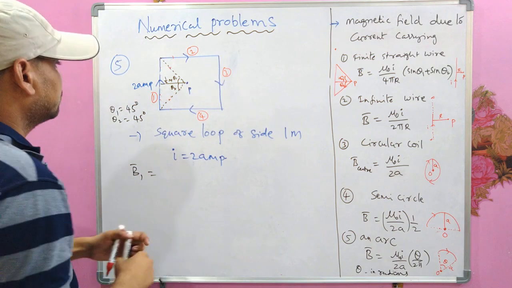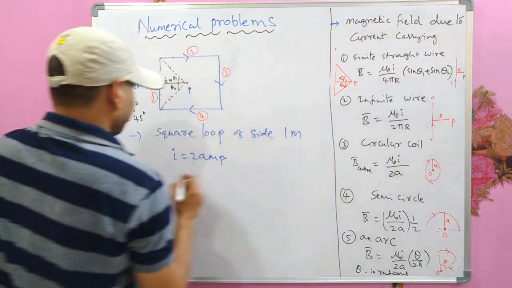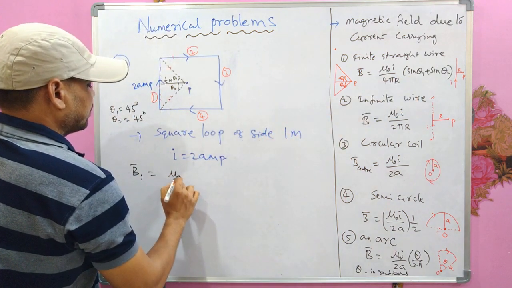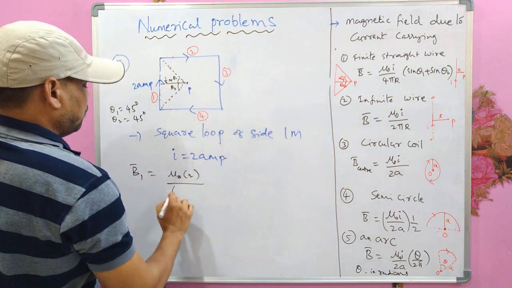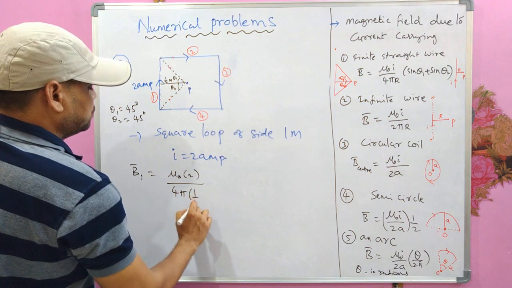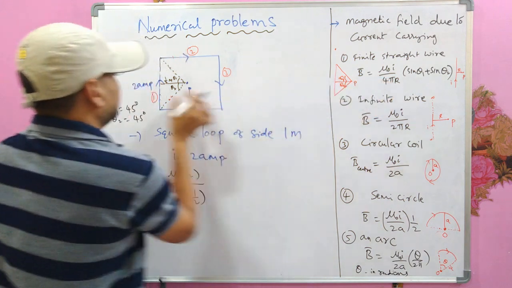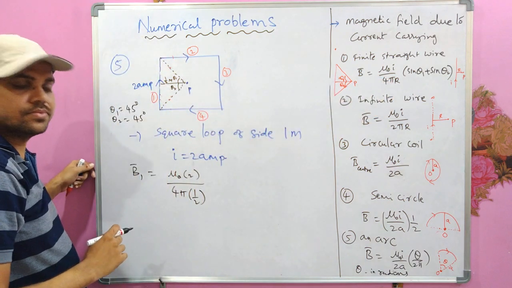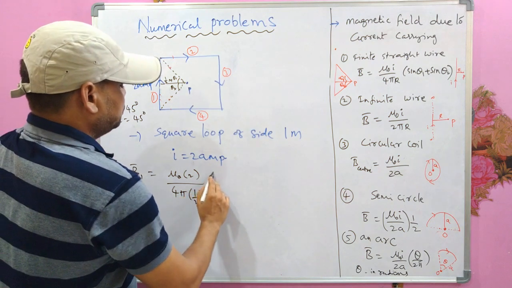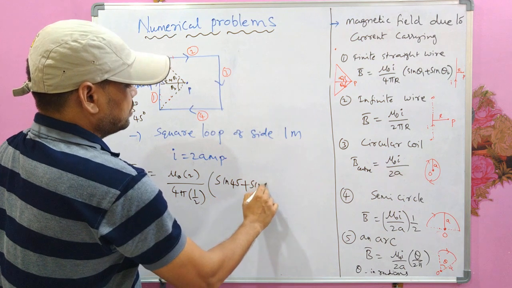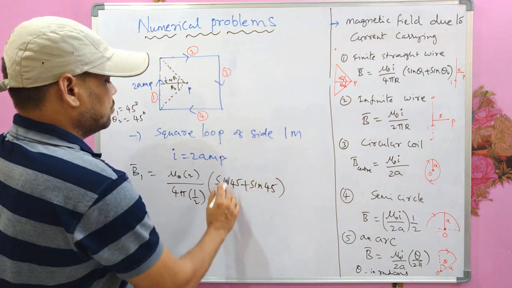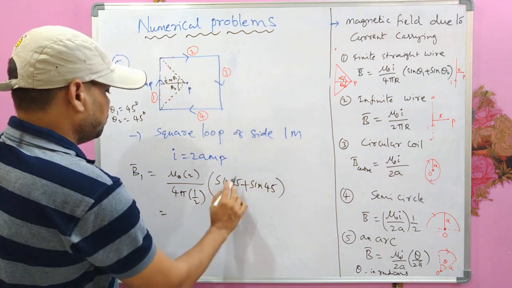Now if you use this formula, it is mu naught into I, which is 2 ampere, by 4 pi into 1 by 2, R is 1 by 2, into sine 45 plus sine 45, which is 1 by root 2 plus 1 by root 2, that is 2 by root 2.